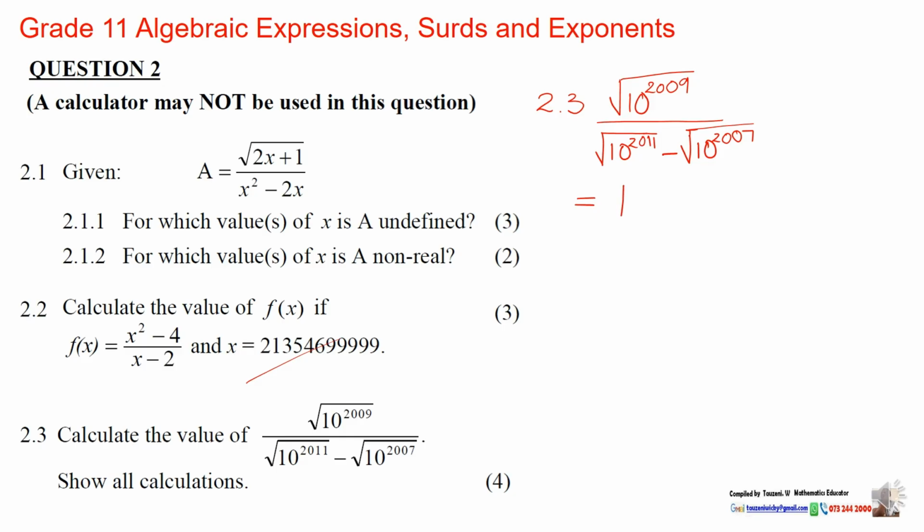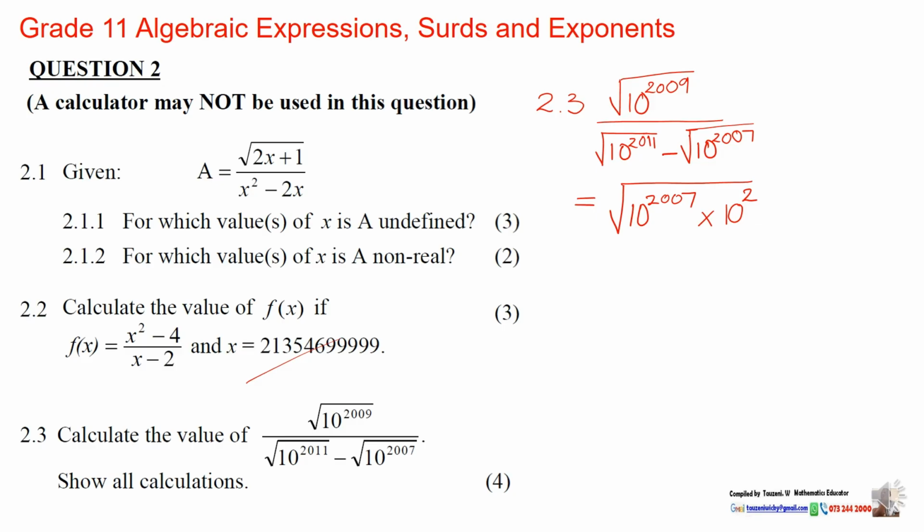So what we do now is separate the top one into 10 to the power of 2007. That is my smallest exponent there. Then 2009 on top: if we subtract 2007, it gives us 2, so it will become 10 to the power 2.